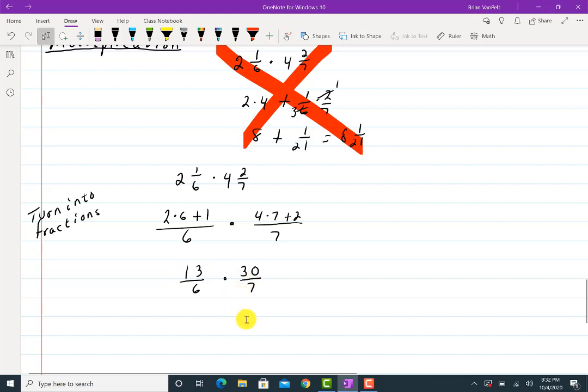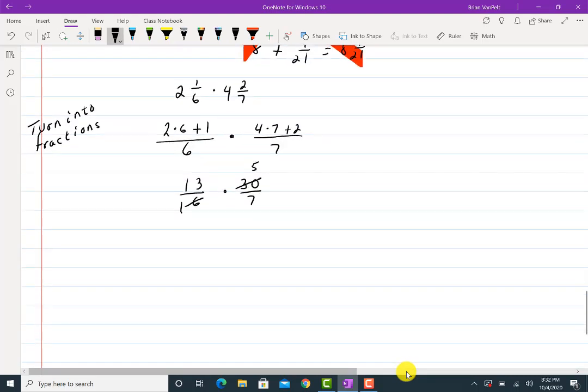So nothing happens there. However, between the 6 and the 30, I can cancel out a 5. So now when I multiply these together, I'll have 13 times 5, that's 65. And then 1 times 7 is 7.